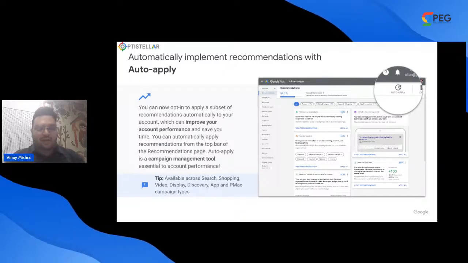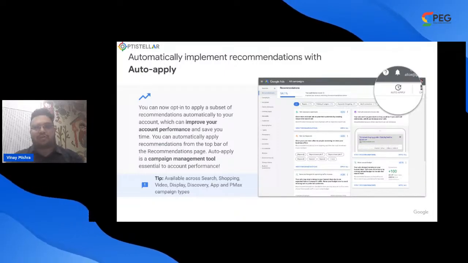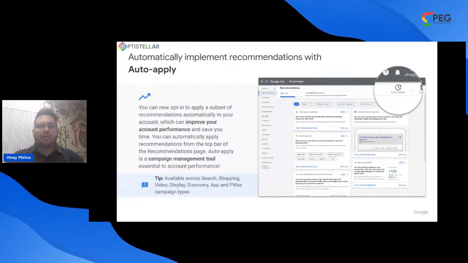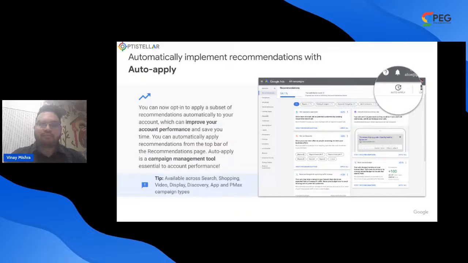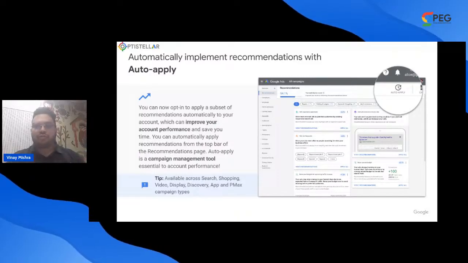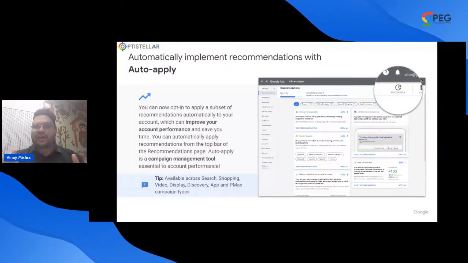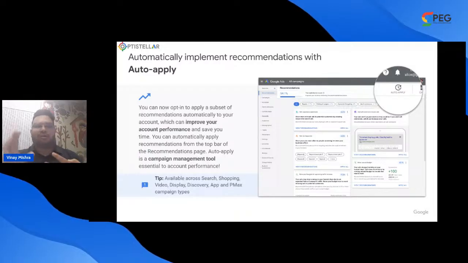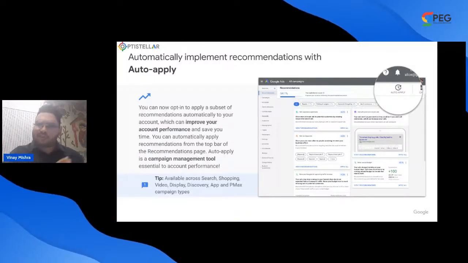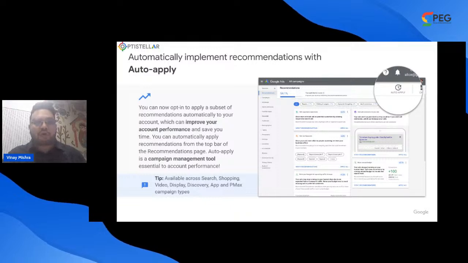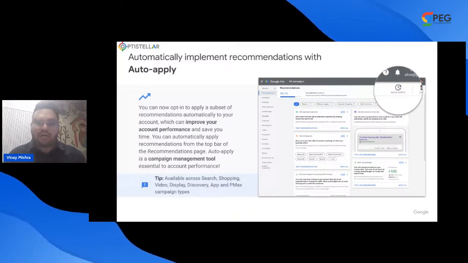I can understand how much effort usually goes into going through a lot of manual work just to understand what's best for the account, and by the time you realize this is something which might work best for my account, we are already missing out on a good 2 to 3 days because we're managing multiple accounts here, right?